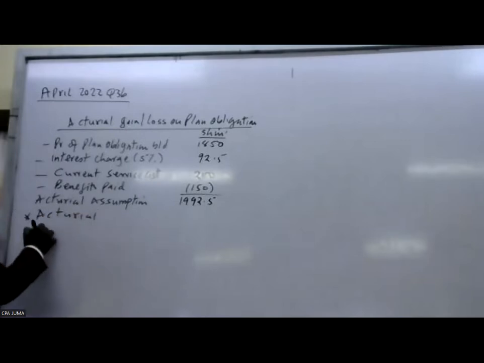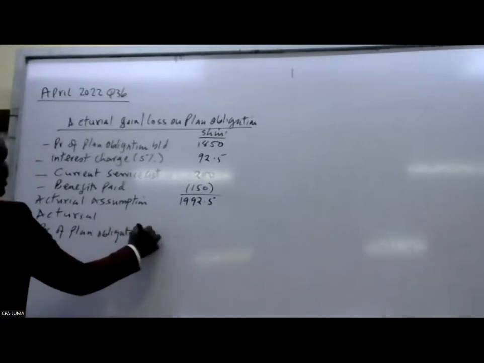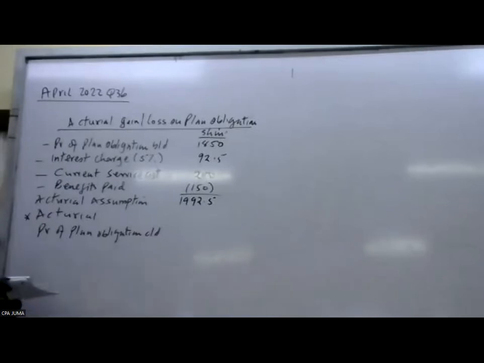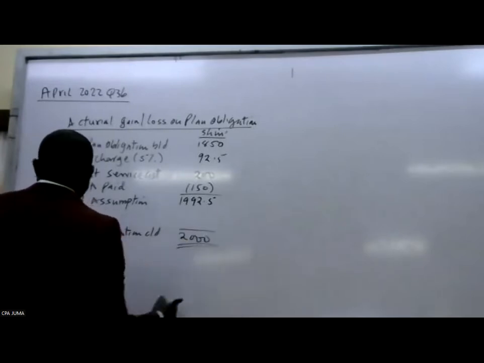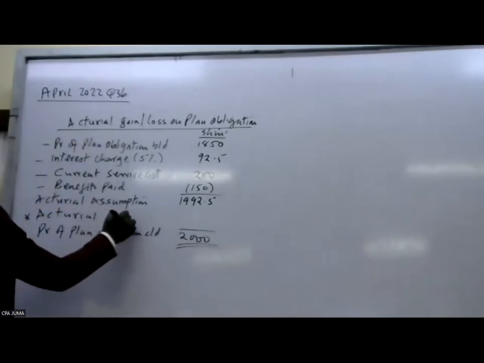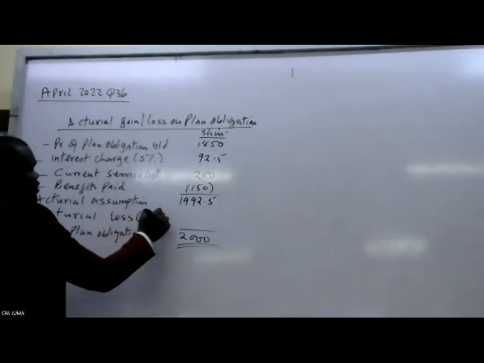We don't know. So present value of plan obligation carried down. Carried down umetumia ngapi? 2,000. Gain or loss is an obligation. That's a loss. Yes, that's a loss of how much?